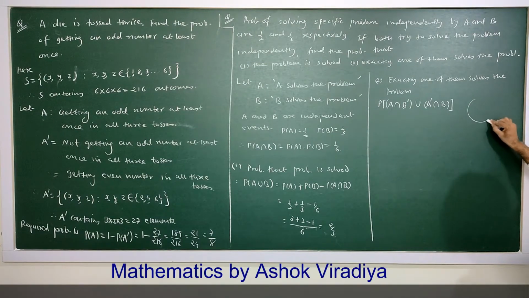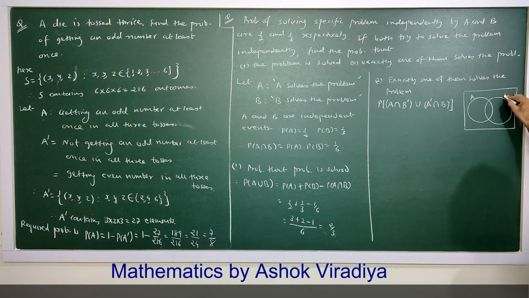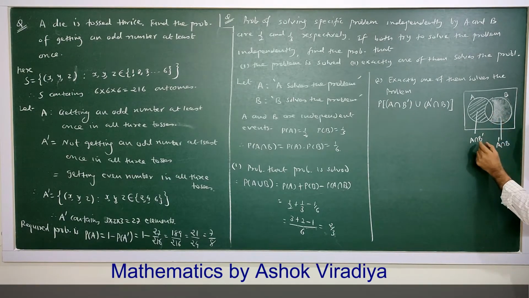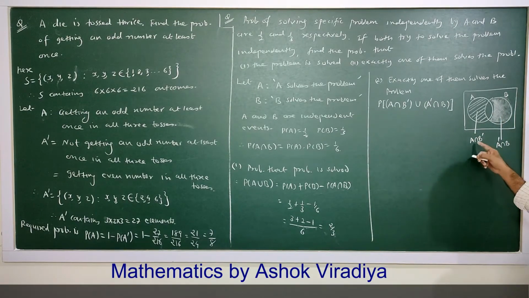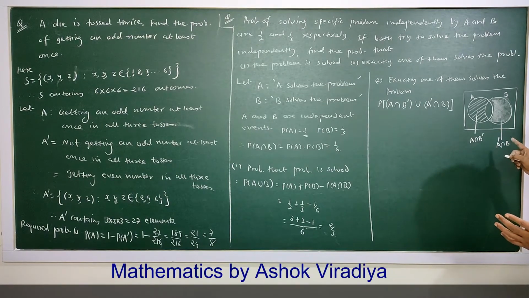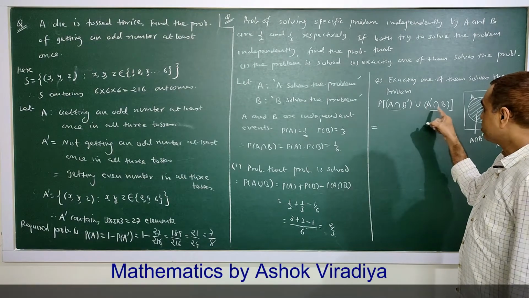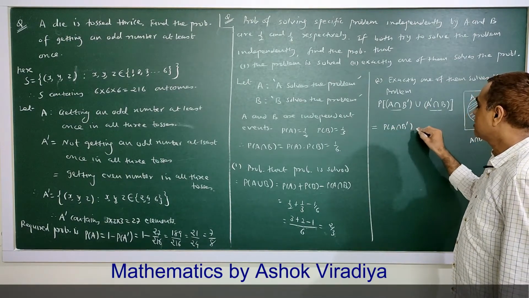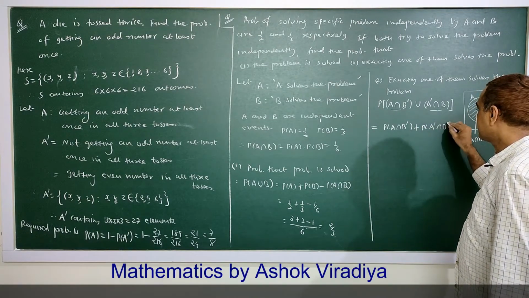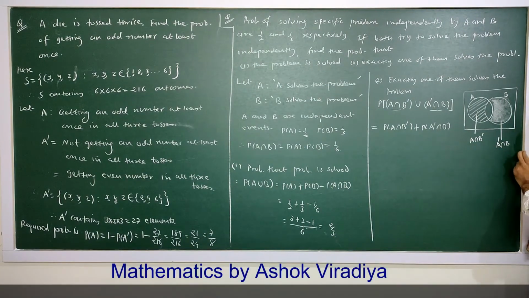Now see here, this is A, this is B, this is A intersection B, this is A intersection B dash, and this is A dash intersection B. You can see that both are disjoint. These are mutually exclusive. If two events X and Y are mutually exclusive, then probability of X union Y is probability of X plus probability of Y, because probability of X intersection Y is 0.